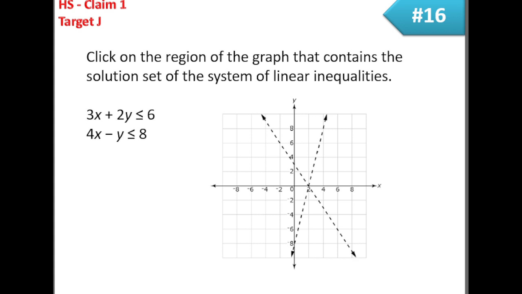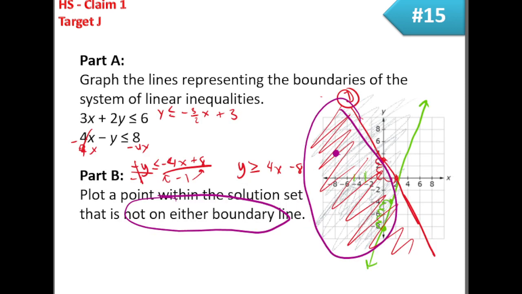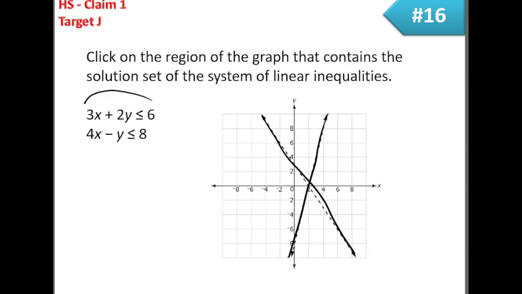This one's actually wrong, so both of these should be shaded. Sorry, not shaded. Solid lines. So what we would do here is shade. So this is the same thing as this one here. So this top one, the graph is the one that's going downhill.